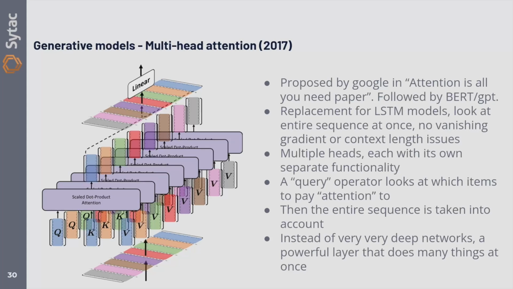This was actually invented by Google, and it basically solves the problem of LSTM in the sense that LSTM only looks at one thing at a time and needs a memory mechanism to keep remembering your context. The transformer looks at the whole input all at once. So it's basically a replacement for LSTM. It looks at the entire sequence at once, and it's a very clever mechanism.